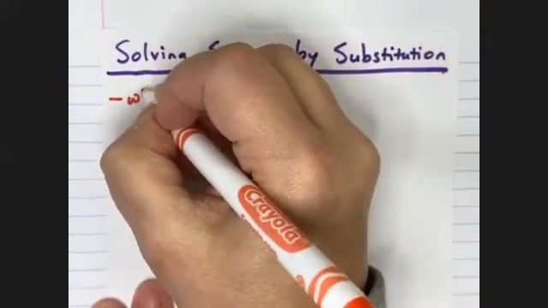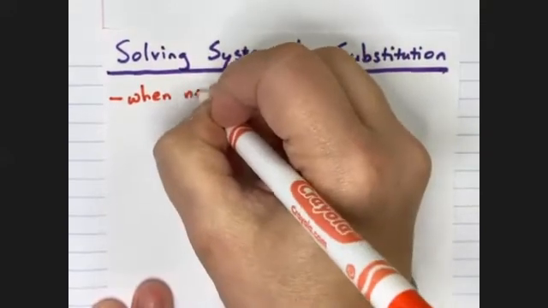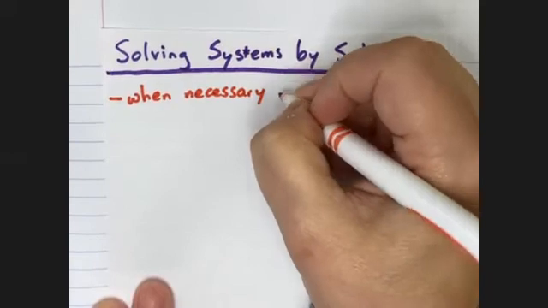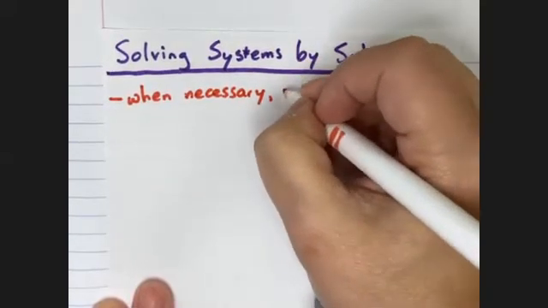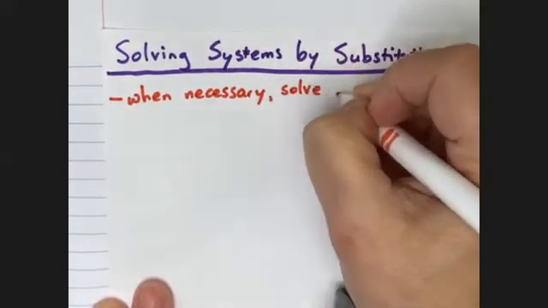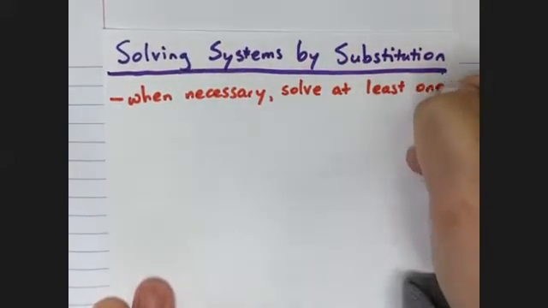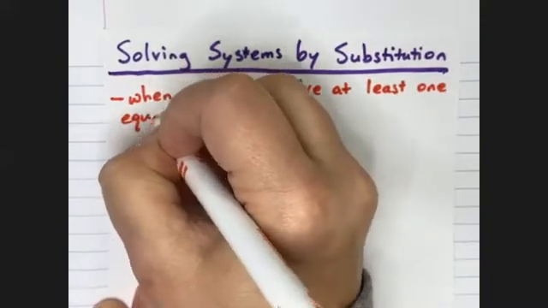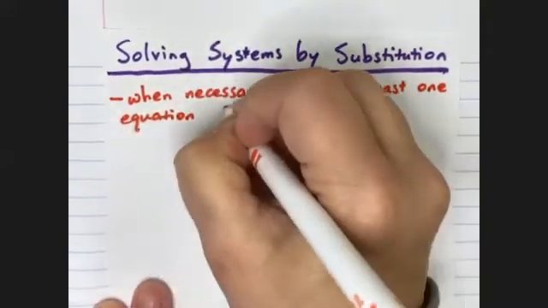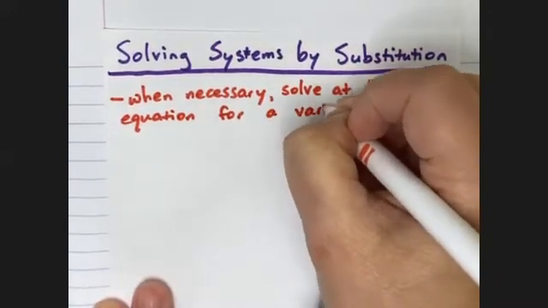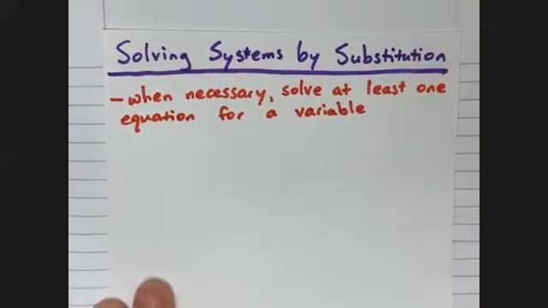So when necessary, solve at least one equation for a variable. And it doesn't matter which variable, but it either needs to be X equals or Y equals.